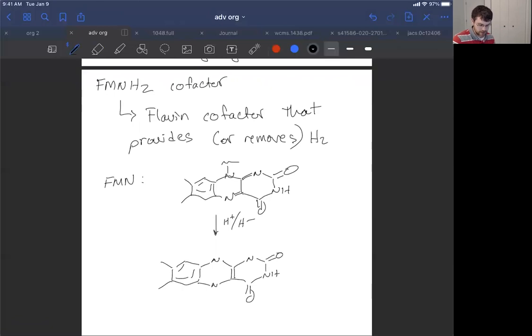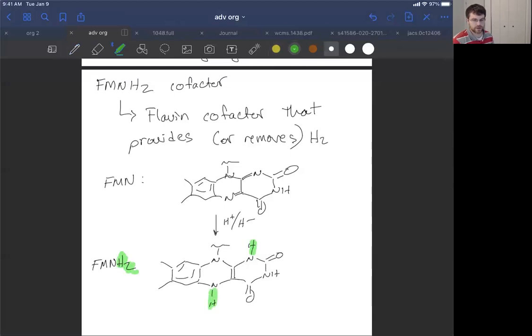Okay, we put the double bond here, then we're going to have an H here and here. Now, this structure, the nitrogen is actually attached to what looks like a ribose. Anyway, we don't have to worry about that. That's what that squiggly line is for. But this is then FMNH2.